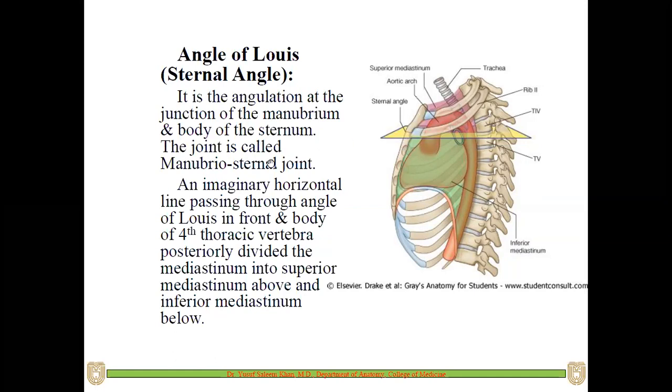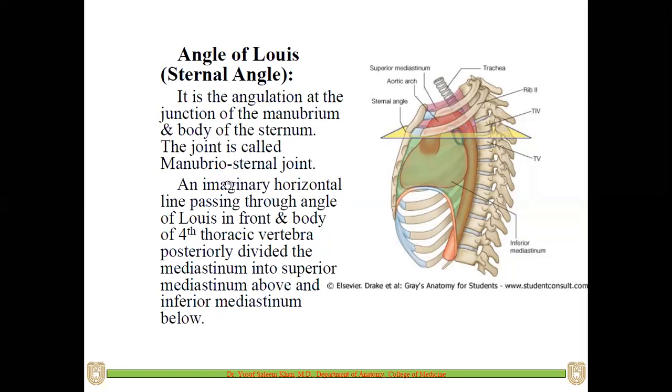The joint between these two bones is called the manubriosternal joint, or it is also called the sternomanubrial joint.